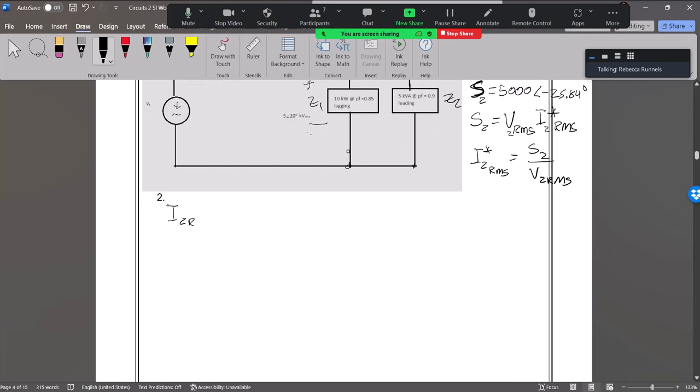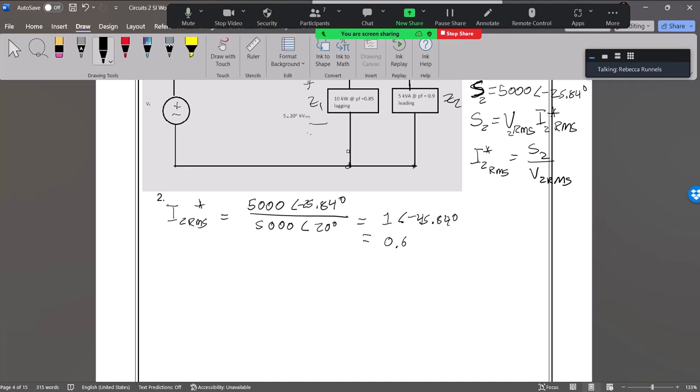So we have I2 RMS conjugate equals 5,000 angle negative 25.84 degrees divided by V2 RMS, which is 5,000 angle 20 degrees, which is 1 angle negative 45.84 degrees, which, if you change that to rectangular, is 0.697 plus j0.717 amps.